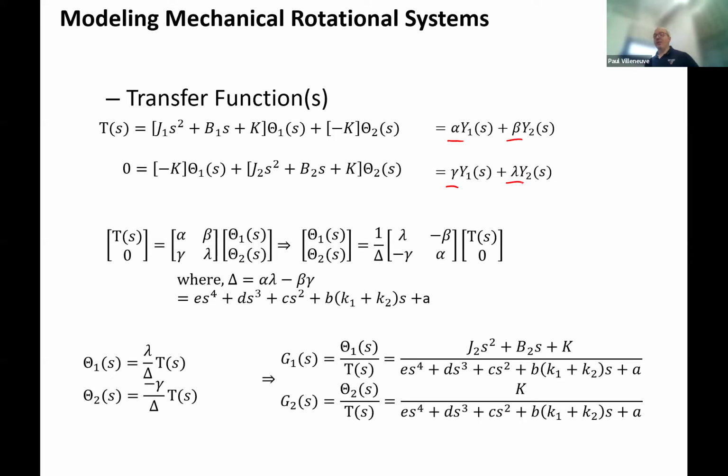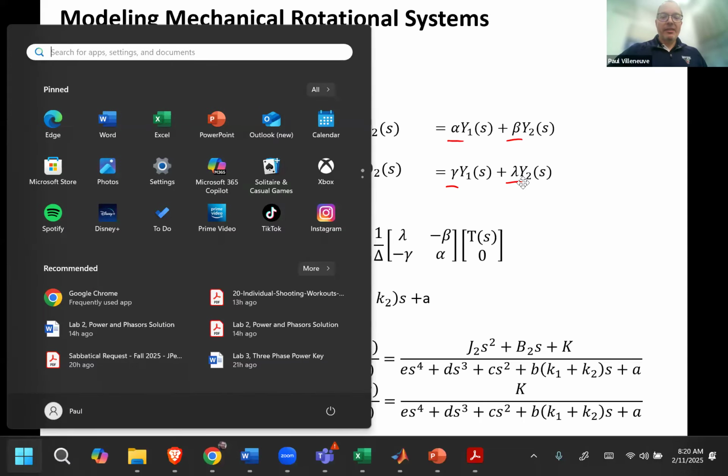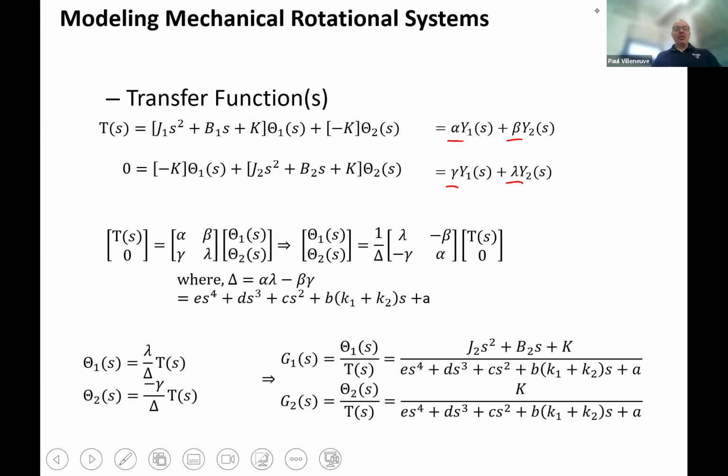You have a calculator to do it, but this is just a way that you start canceling terms out. I don't know if you have to do it all because your calculators can do it pretty well for you. Move this up out of the way. And so now you can see the delta term, which is in the denominator. Then I have my transfer function, theta 1 over tau, which is our input.